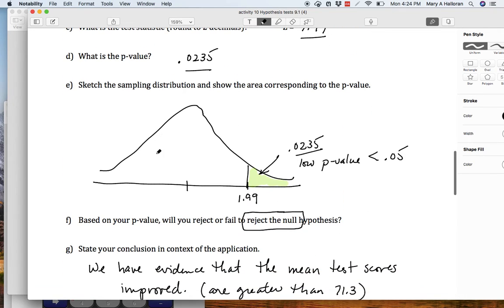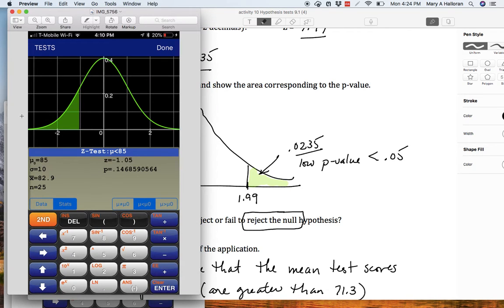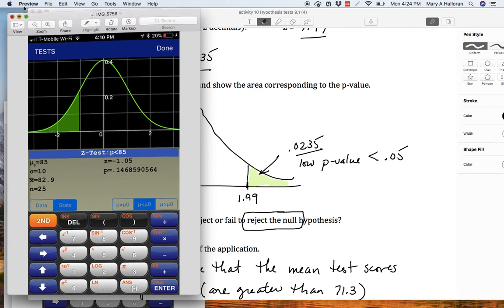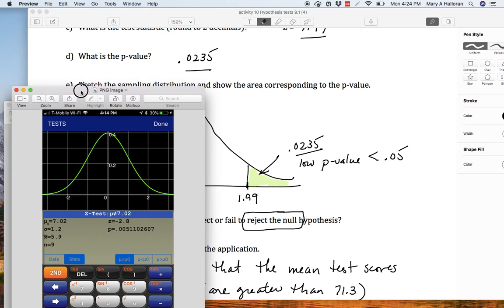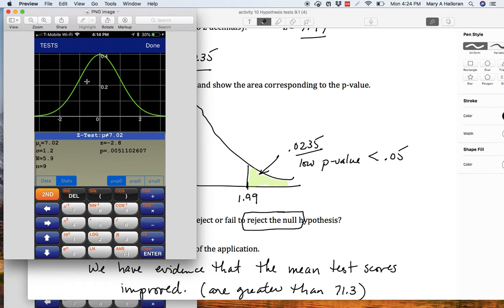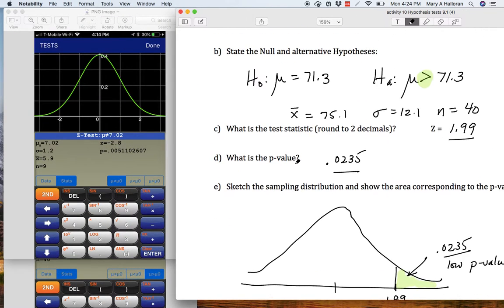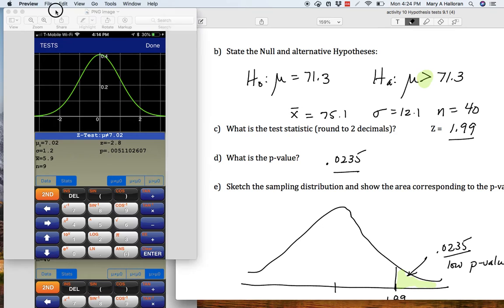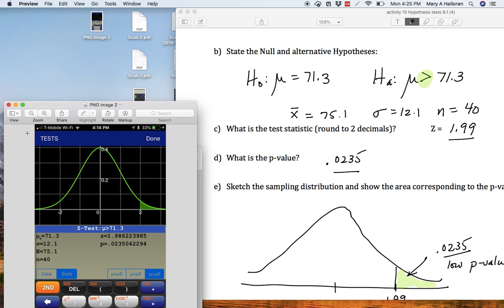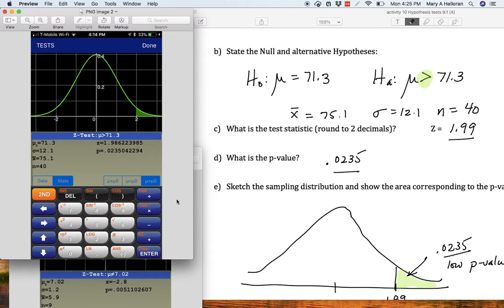Once again, let's go to technology. So let's find that one. So we would get to this screen like we did before. You can go back and look up the buttons to get to it. As you can see, oops, wrong one. Let me find it. There it is. There's the right one.